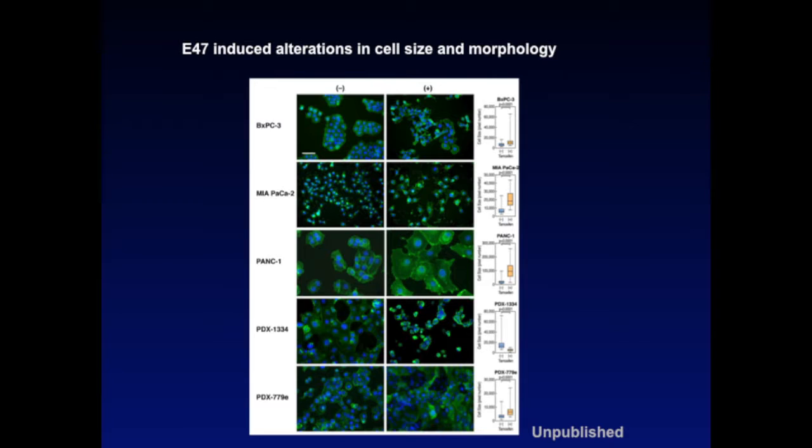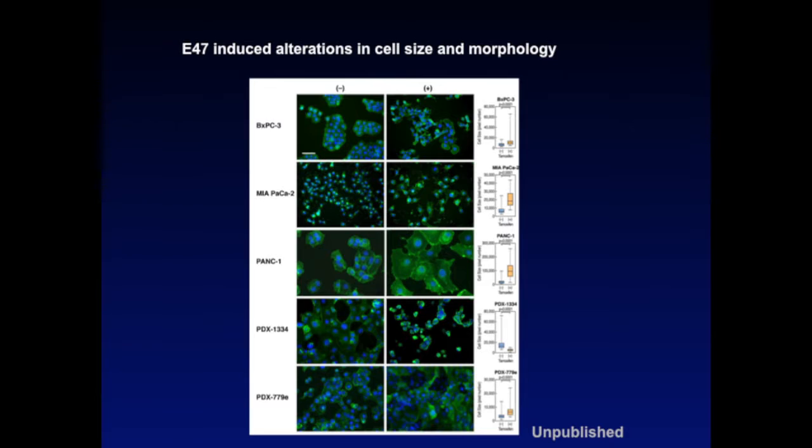So I want to show you the SA beta gal, which is not completely clear. The pink one that I mentioned, the huge flat cells, this looks like traditionally what we would expect. The cell lines that don't have the inducible E47 in them have very little SA beta gal to begin with.